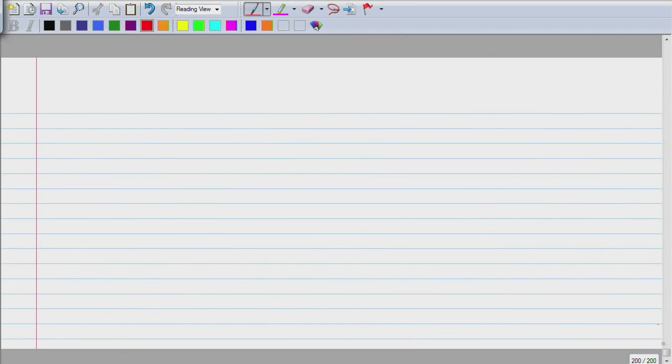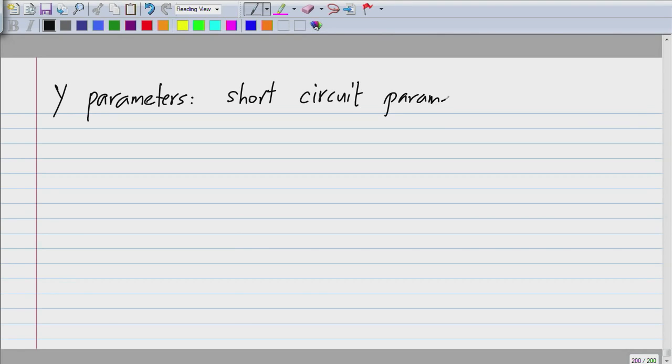That's why these Y parameters are also called short circuit parameters.